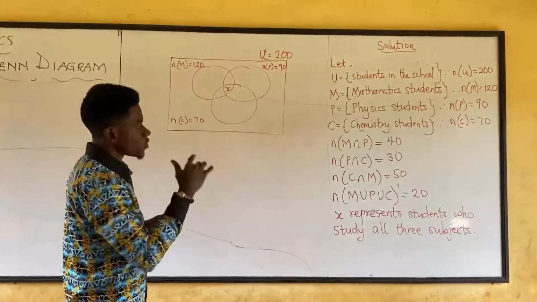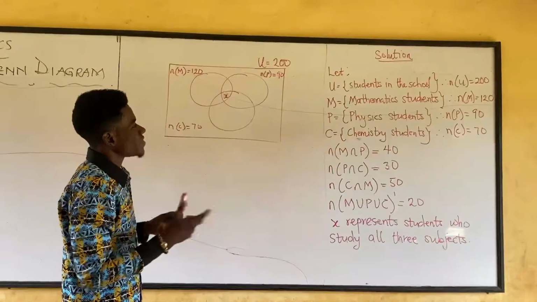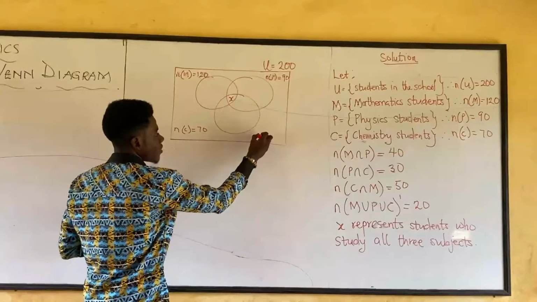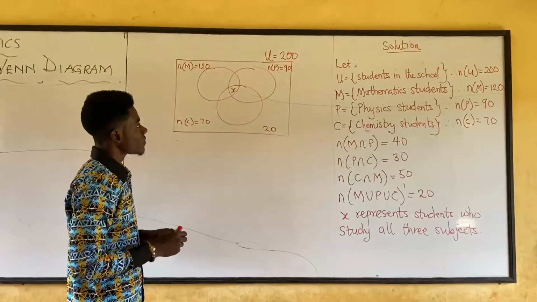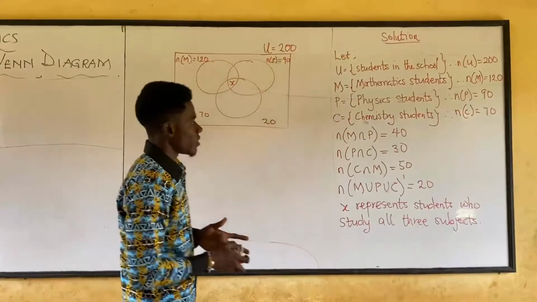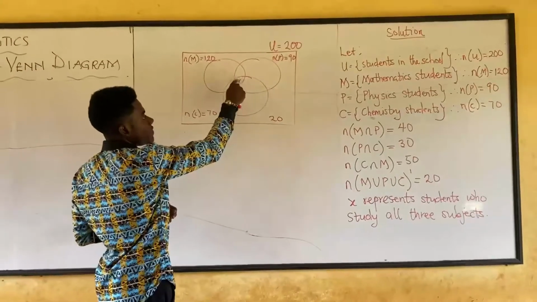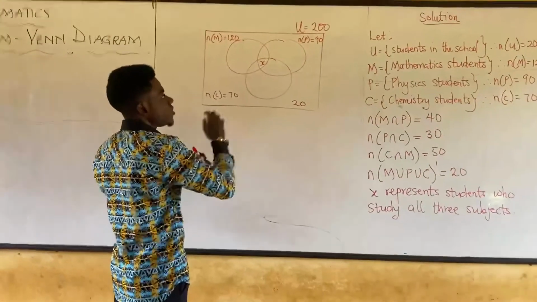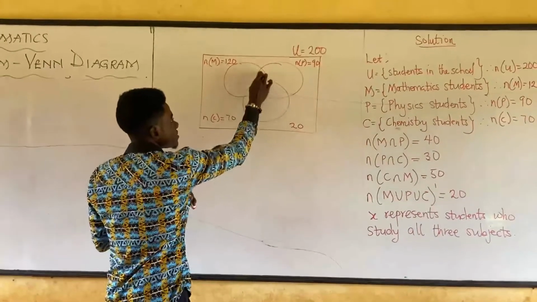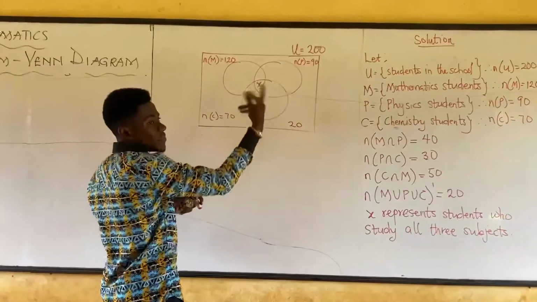And in the question, we saw that 20 students prefer none of the subjects. So they are the complement. So they are found outside the circle. Now, after writing the corresponding value or variable for the intersection of all the three sets, you now move on to these areas, the number of students who prefer two subjects only.